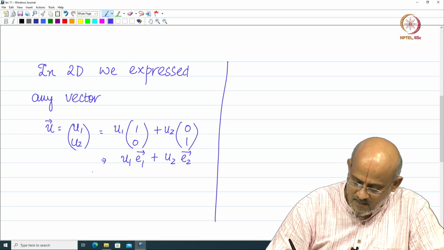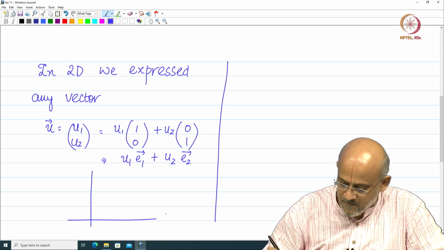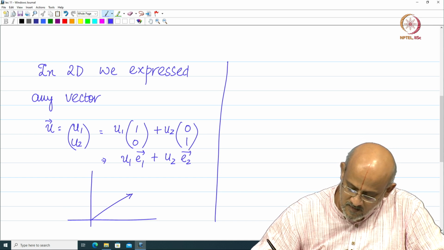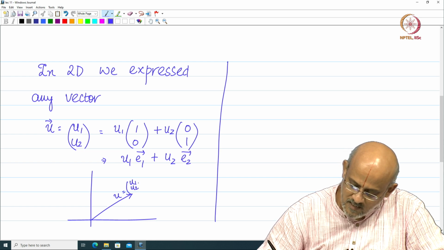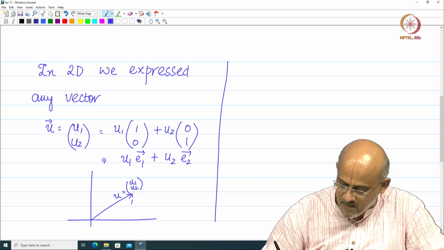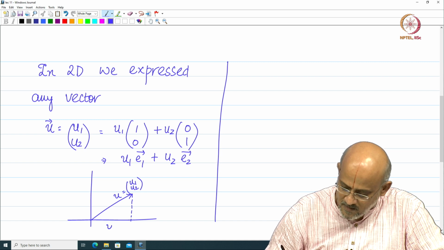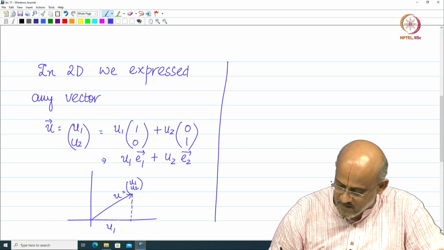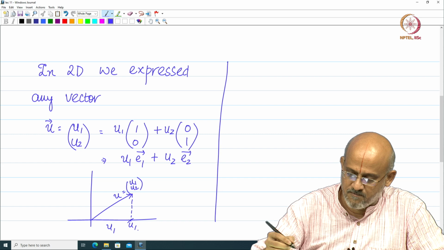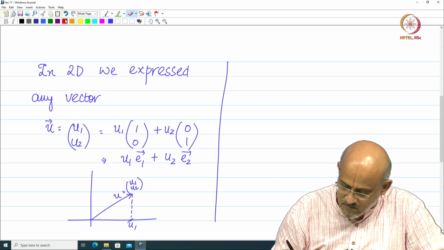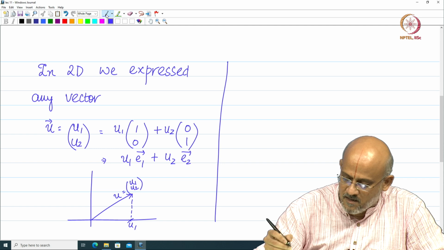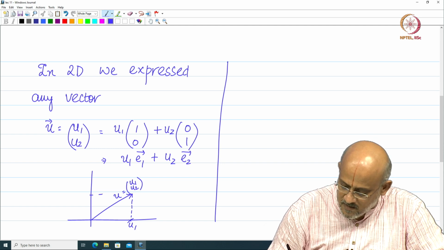So basically, if I have a vector u whose coordinates are u1, u2, it simply means that I walk a distance of u1 along the 1 0 direction, and along the y direction, the 0 1 direction, I walk a distance which is u2.